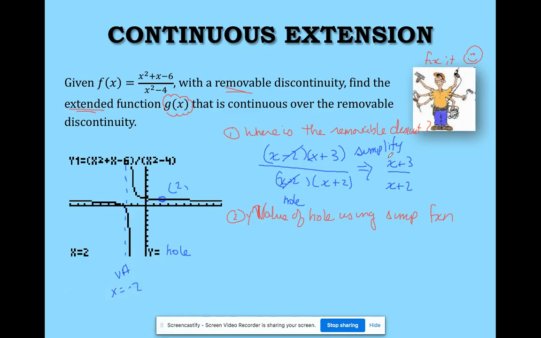So take your simplified function and plug 2 in. You can't plug 2 into the original function, but I can into the simplified function. 2 plus 3 over the x value of the hole, 2 plus 2, and I get 5 over 4. That's the y value of the hole.